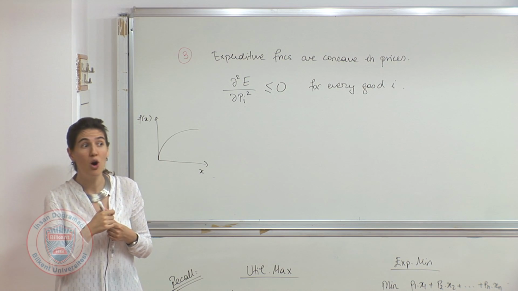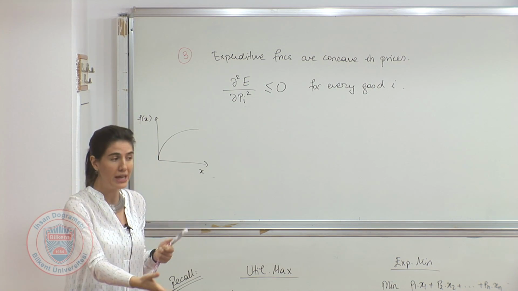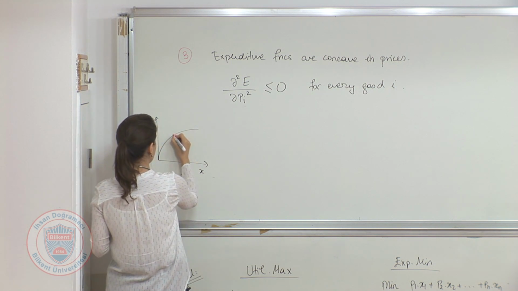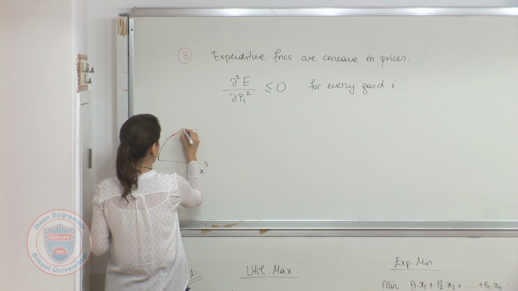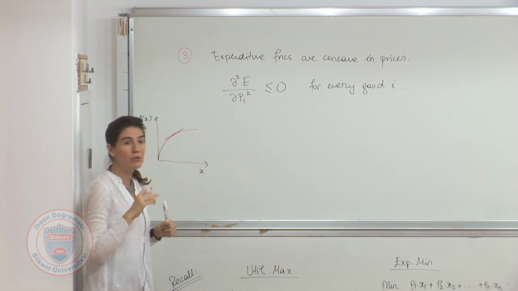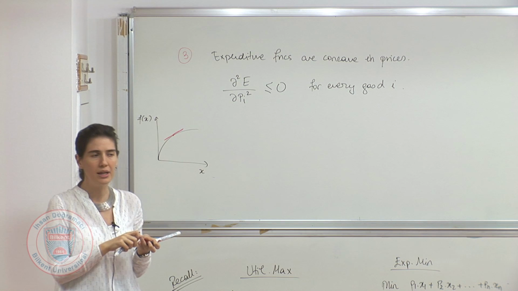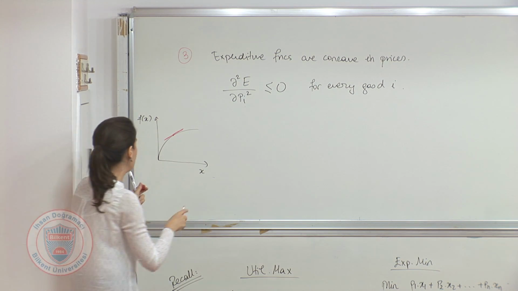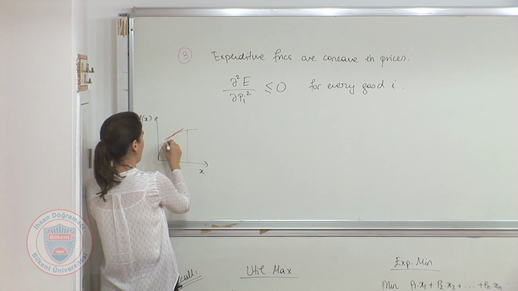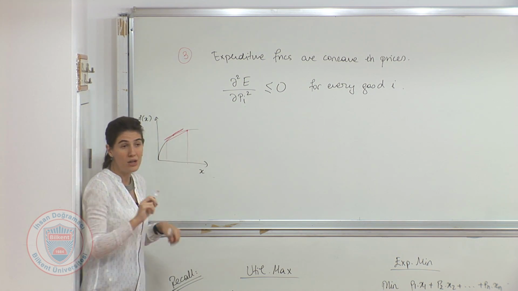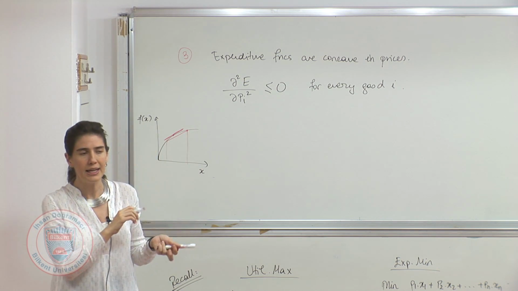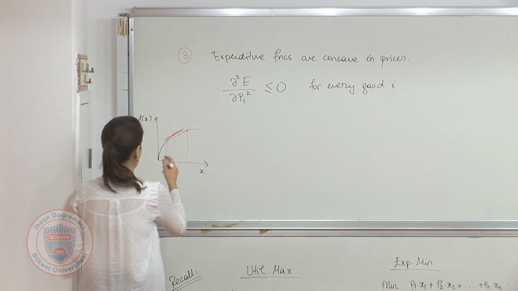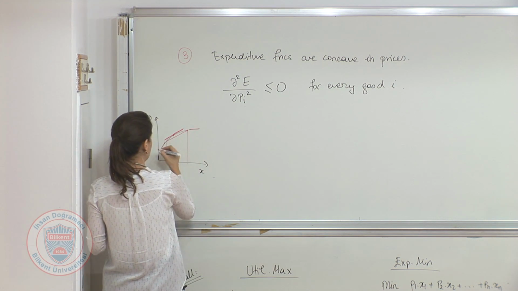Another way of seeing it: there are many definitions of concavity. One of them is the following. It means that the tangent line would always lie above the curve, okay? We showed it differently before, where you take 2 points and take the convex combination of them. Another way of saying it is that any tangent line would always lie above this curve.